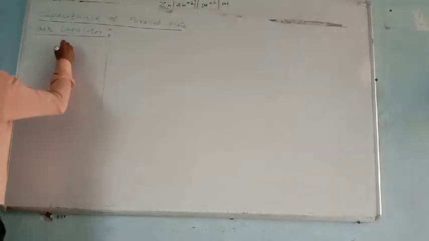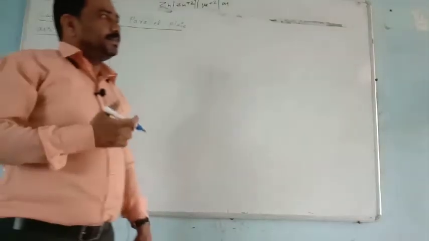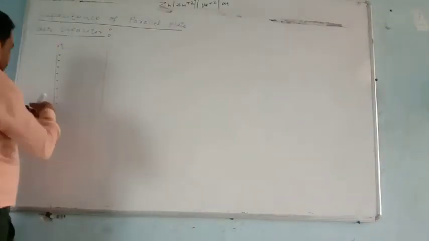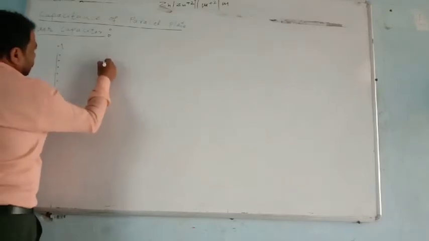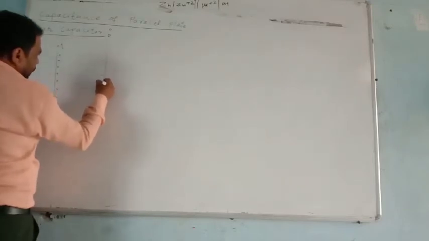So positive charge we can place on the surface of the first parallel plate, and negative charge which we are placing on the second parallel plate.